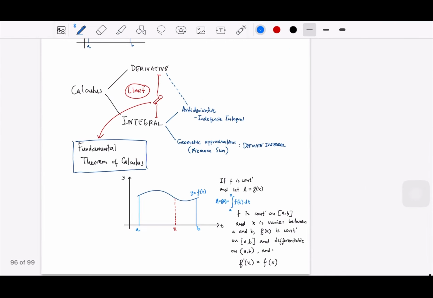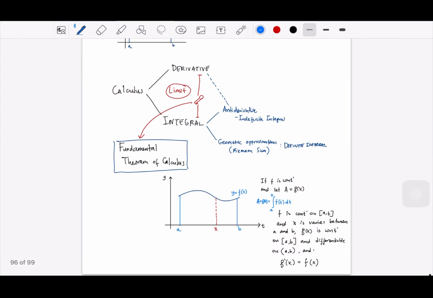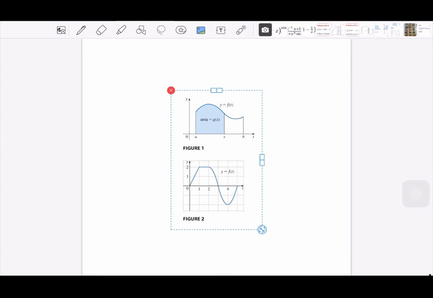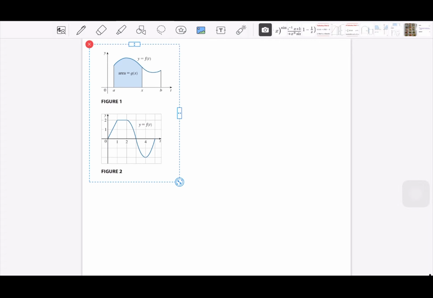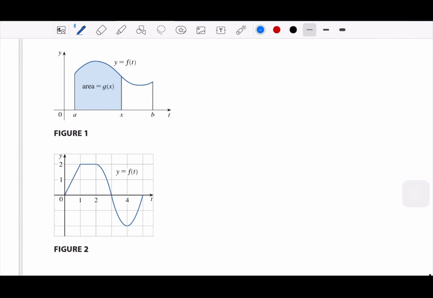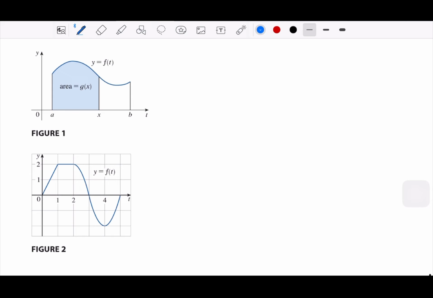Okay, now let me take a new page. For example, just for illustration, if you take the second figure here, we want to try to approximate the area.